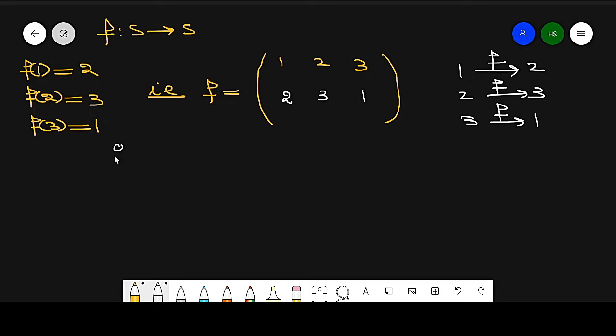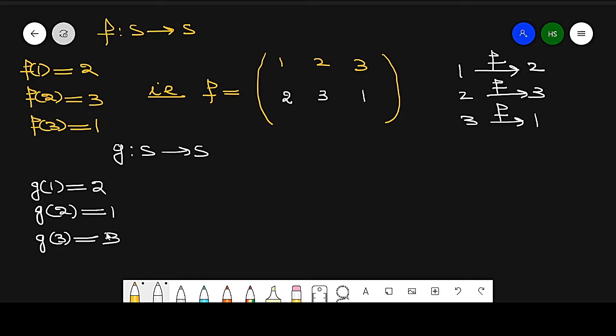So if G is another permutation from S to S, defined by G of 1 equal to 2, G of 2 equal to 1 and G of 3 equal to itself, so it acts as identity. In the same way G can be written: first write 1, 2, 3. So 1 goes to 2, 2 goes to 1 and 3 goes to 3.